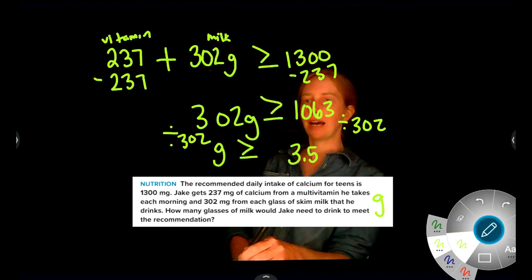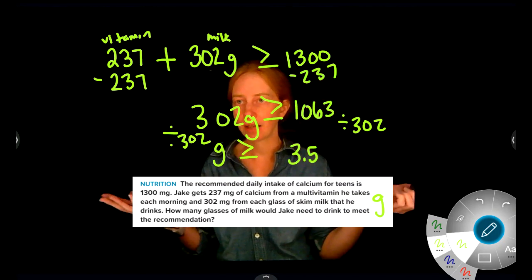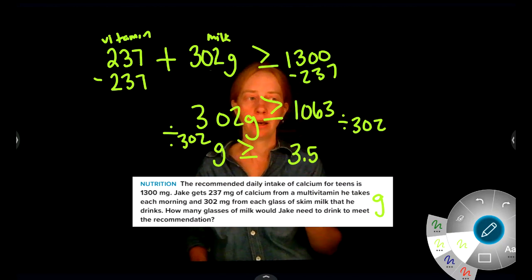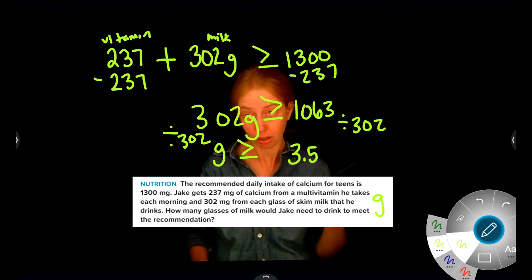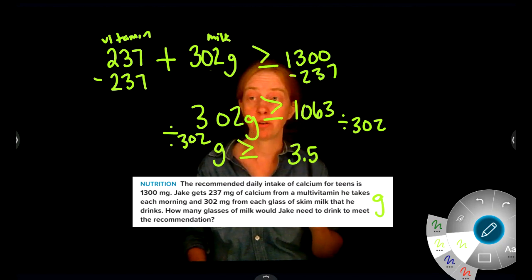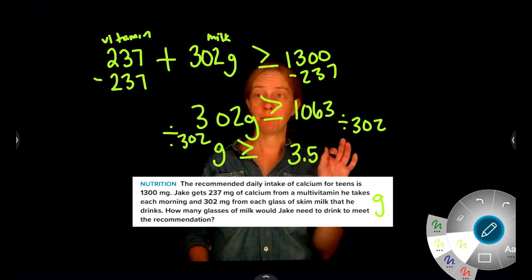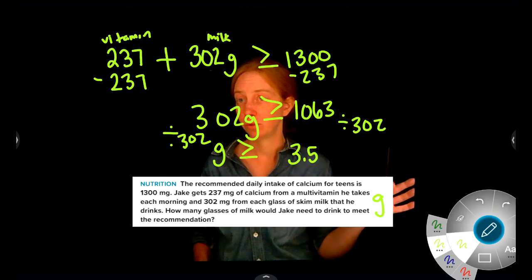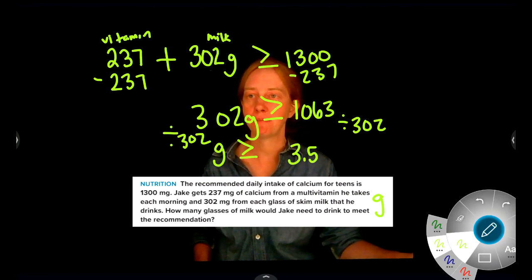We don't really need the extras because it's glasses of milk. He's going to drink 3.5 glasses of milk. You don't need too many extra decimals. Now, in my opinion, Jake shouldn't drink 3.5 glasses of milk. He should probably find another source of calcium. But I am no nutrition expert, so don't believe anything that I say about nutrition. If you have questions about this type of word problem, please let me know.